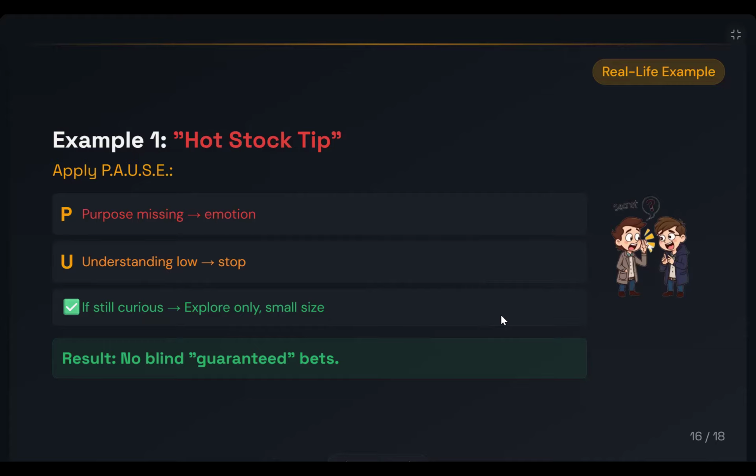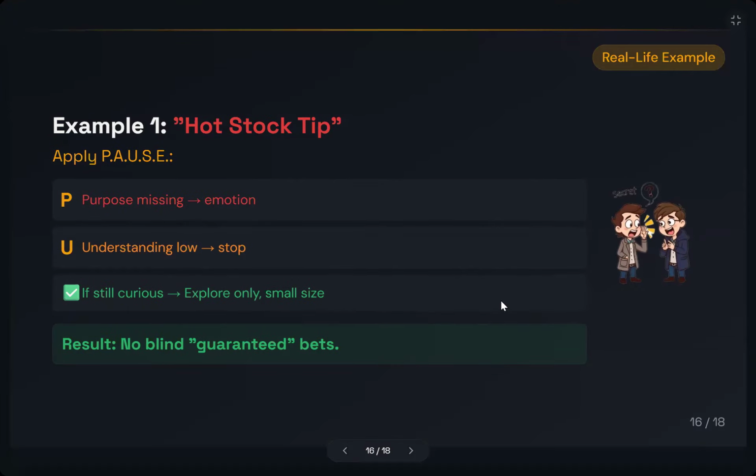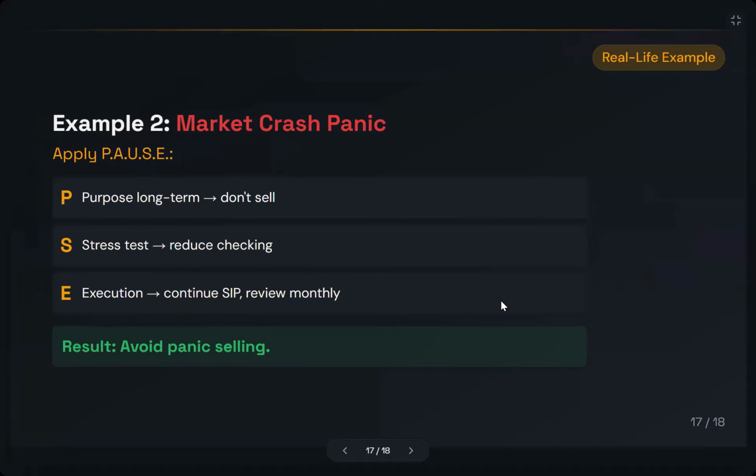Amount: will it become too big too soon? Understand: do I know this business? Yes or no? If you do not know, do not invest. Skip, or keep it in explore, which is a small category. No blind guaranteed bets and no investing based on tips.